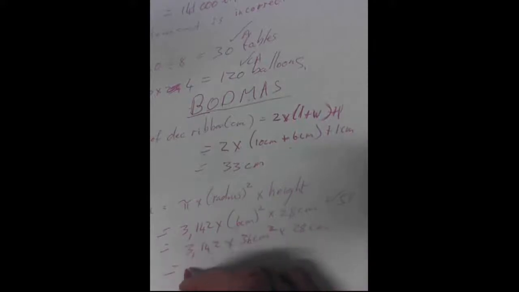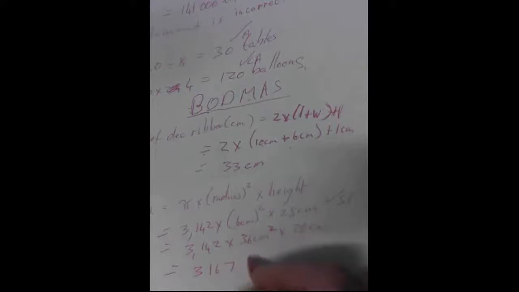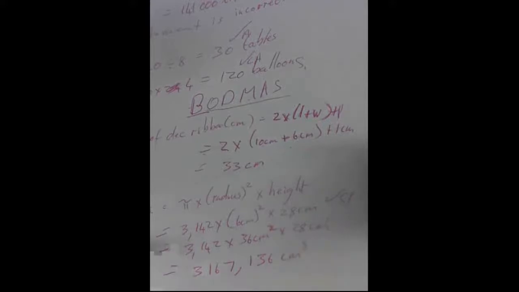And if you do that, then you're supposed to get the answer of 3,167,136 centimeter cube. Why? Can you see it's the same variable, so 2 plus that 1 makes it 3. Okay, and there's your answer.